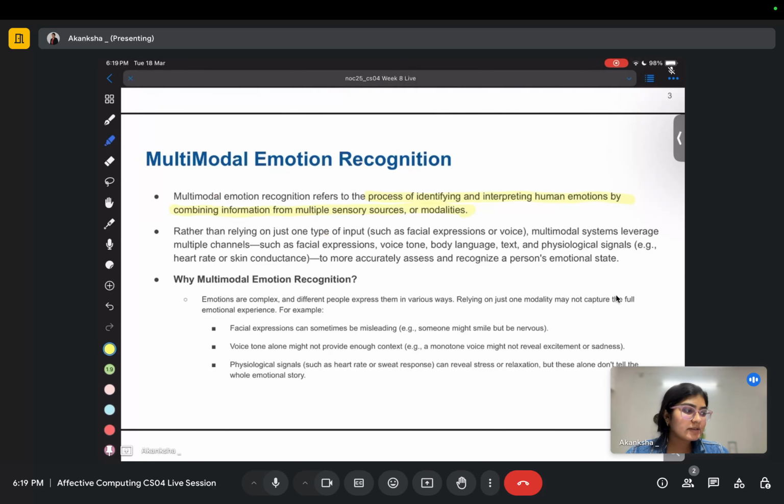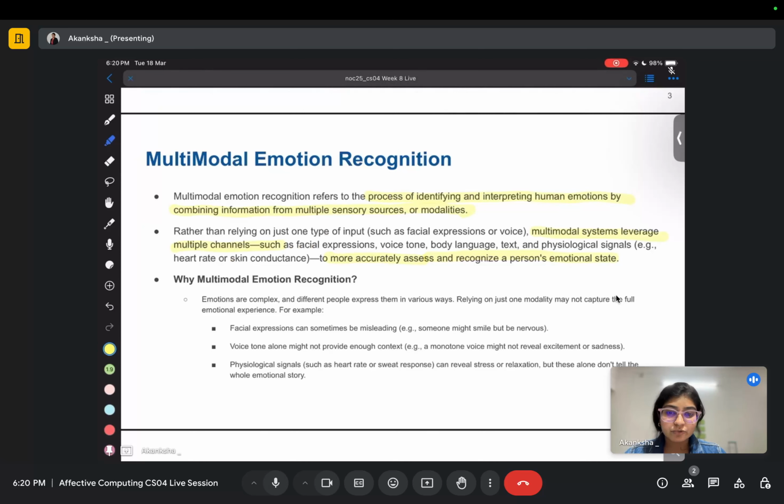Multimodal systems leverage multiple channels: facial expressions, voice tone, body language, text, even the transcript can be used, and physiological signals like heart rate, skin conductance, EEG, galvanic skin response, etc., to more accurately assess and recognize a person's emotional state.